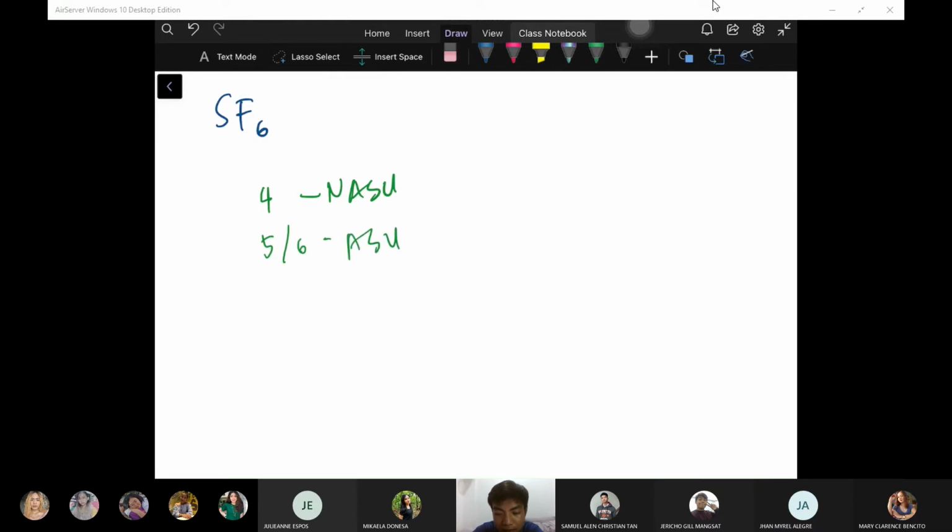Okay? Kasi for example, may SO2. SO2, pwede mo gamitin yung NASU dyan. Okay? Pero whenever your terminal atom exceeds 4, kunwari 5 na yan or 6 such as in this case, yan ay ASU rule na. Okay? So gawin natin yung ASU rule.